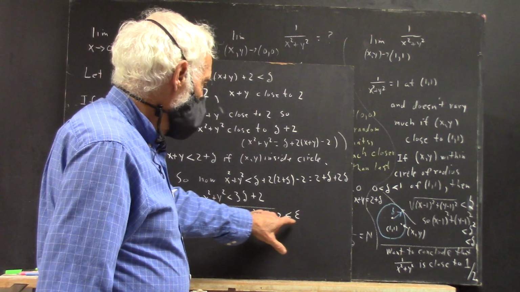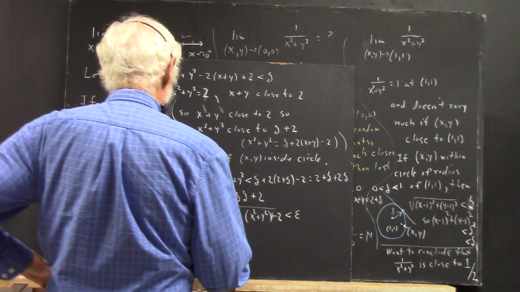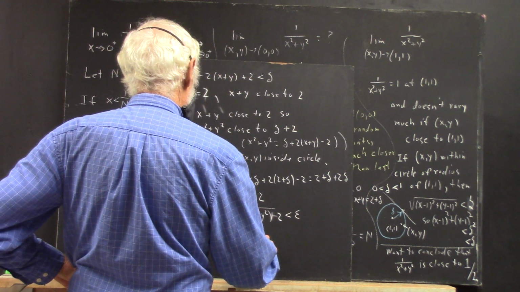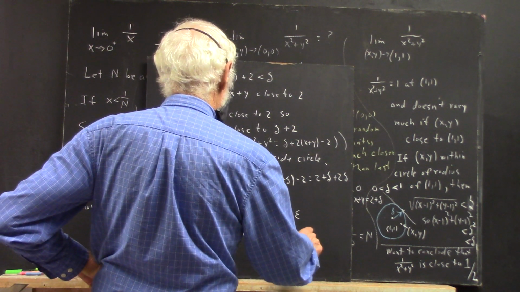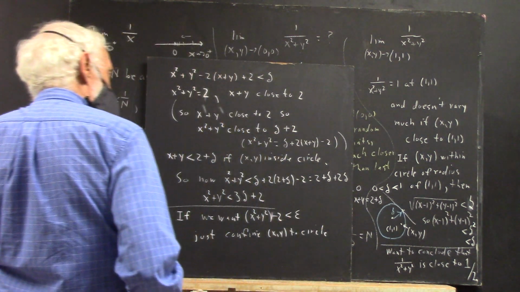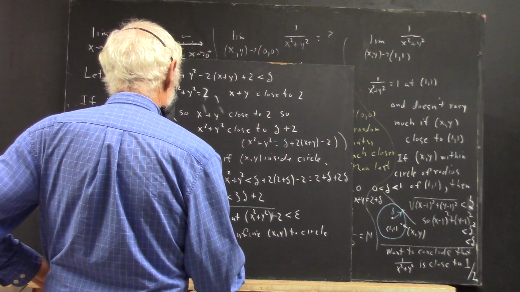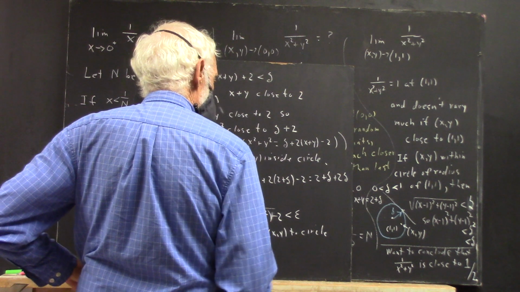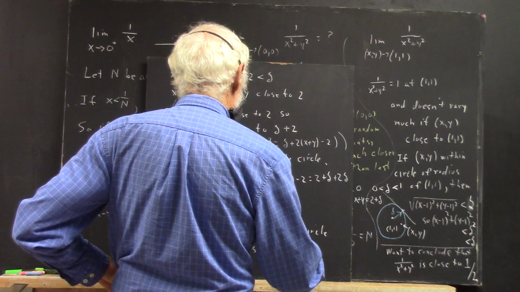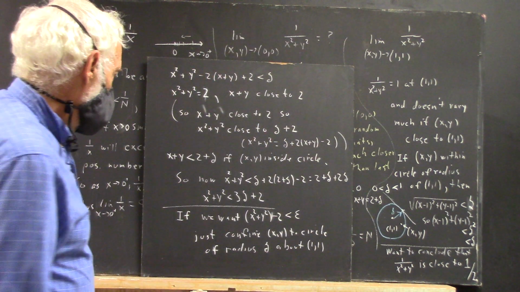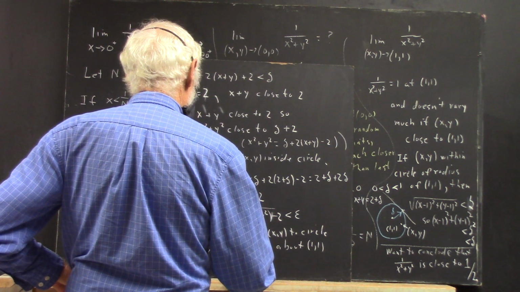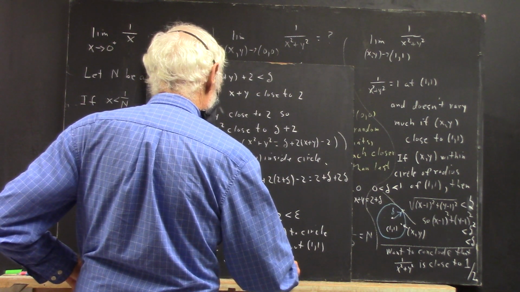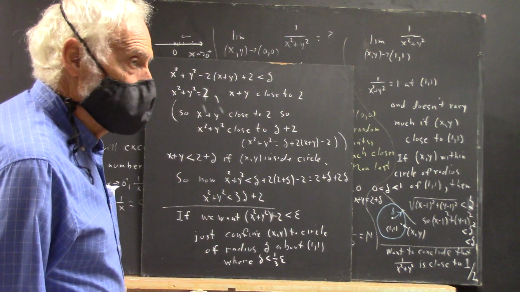If we want x squared plus y squared minus 2 to be less than epsilon, just confine x, y to a circle of radius delta about 1, 1, for delta less than 1/3 epsilon.